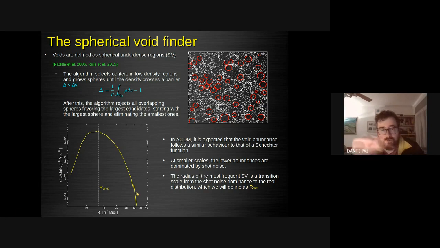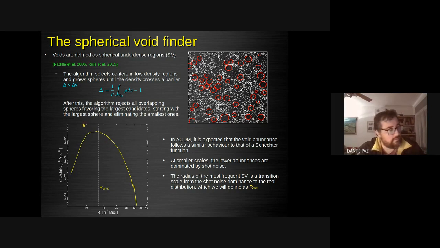In this plot here, in the yellow curve, we have the abundance of spherical voids as a function of the radius. And as can be seen, there is a scale or size where they are most frequently found. But this is not expected in a hierarchical scenario. What we actually expect is a monotonically decreasing function.